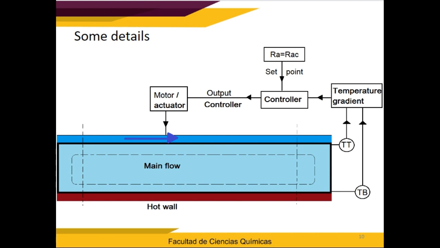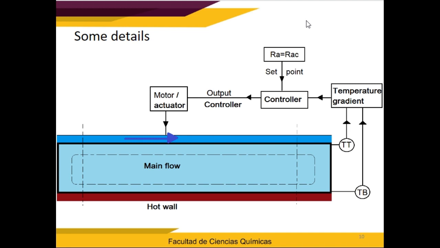First, the temperature difference is measured so that the Rayleigh number at any time could be known. Also, it is intended that the convective condition at the fluid layer be that of marginal convection. Then, the measured Rayleigh number should be continuously compared with the critical Rayleigh number.